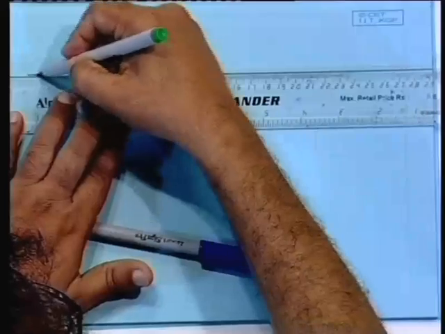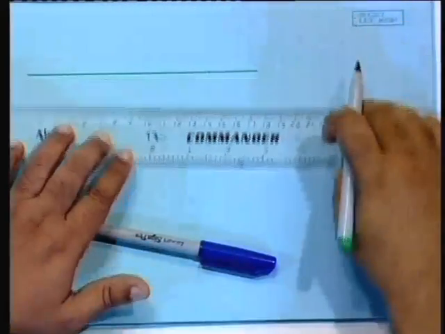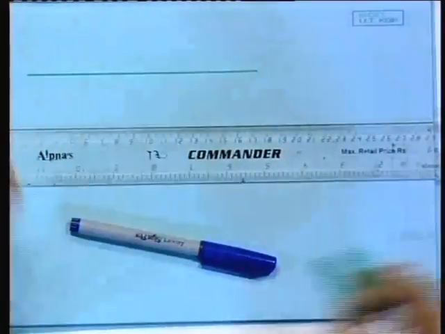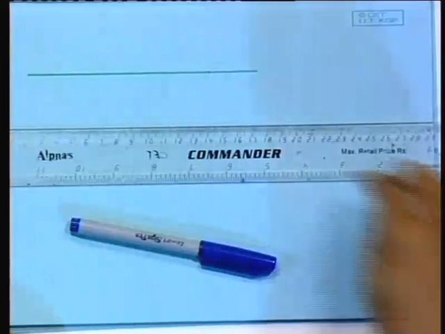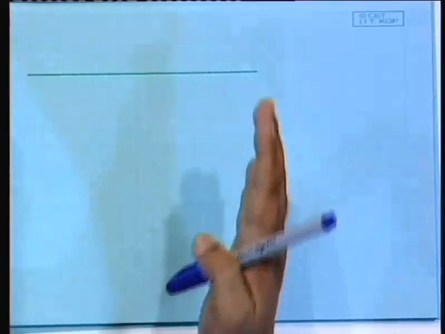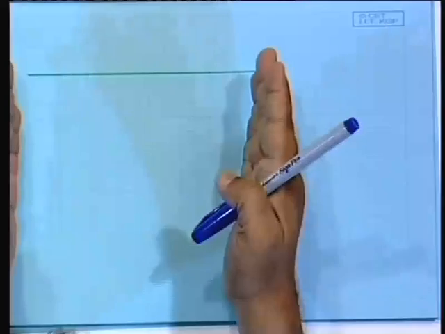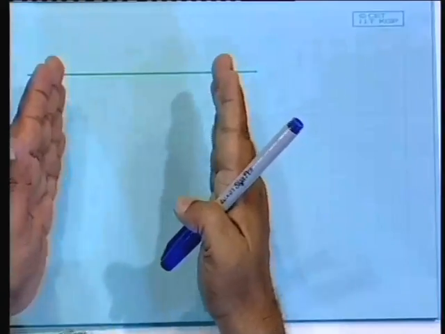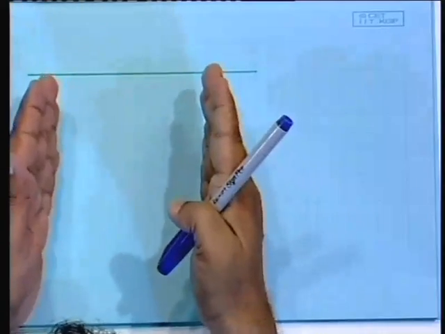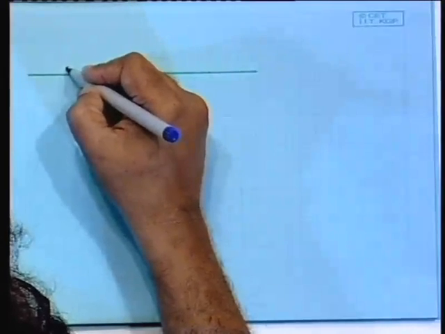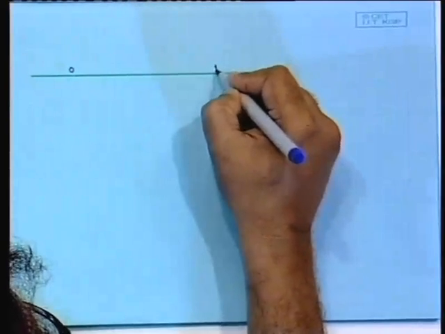So, it is like this. This is my space on which we are considering the generation of a fractal. Now, if this is the embedding space, then on that we will choose a particular portion on which we will try to generate the fractal, which is the distance between 0 and 1, say these 2 points.